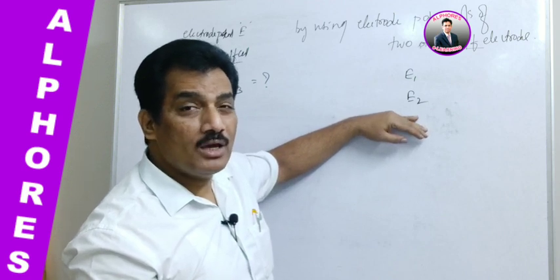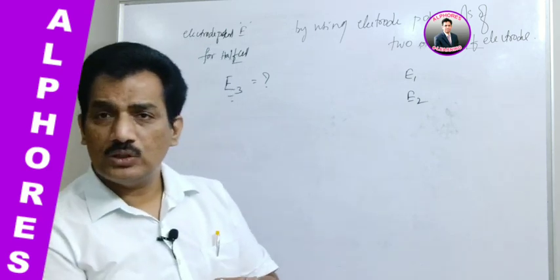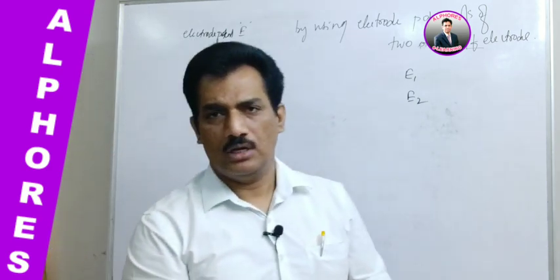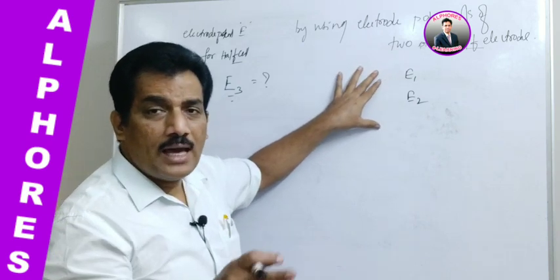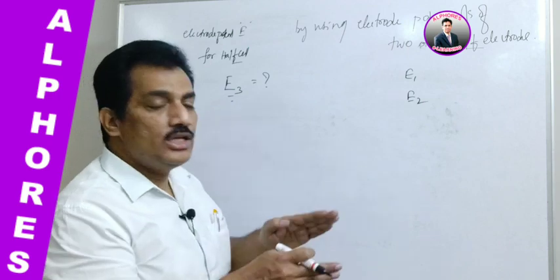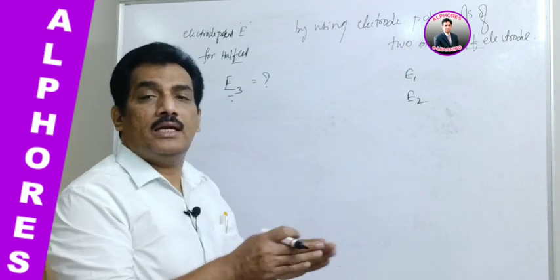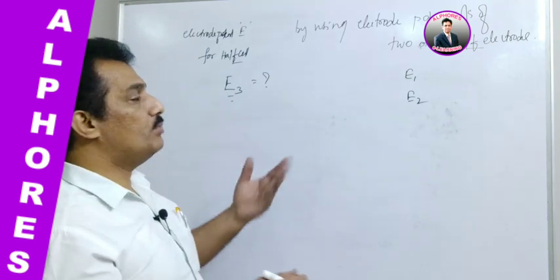Just remember, unlike thermodynamic parameters where delta G or delta H, and even entropy, we can directly add, in the case of electrode potentials we should not directly add these two to get the third. Direct addition of electrode potentials is not possible. Then how do we measure it?